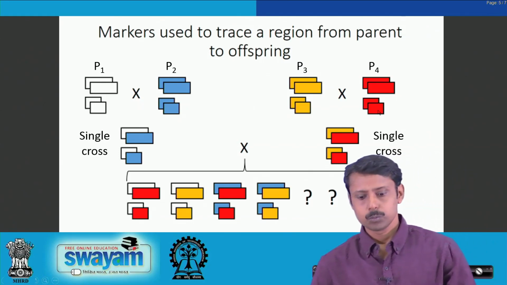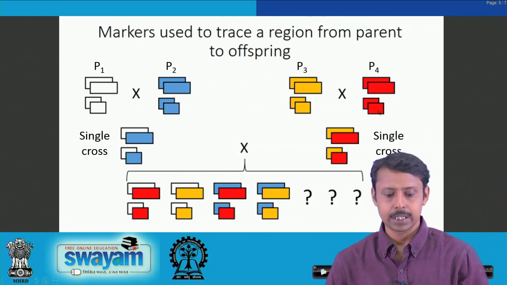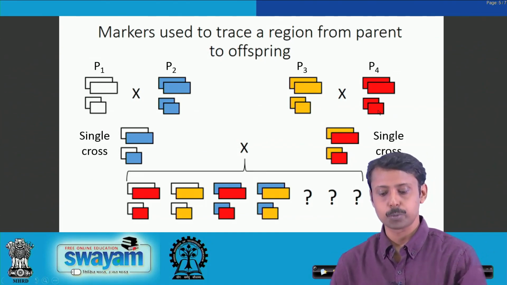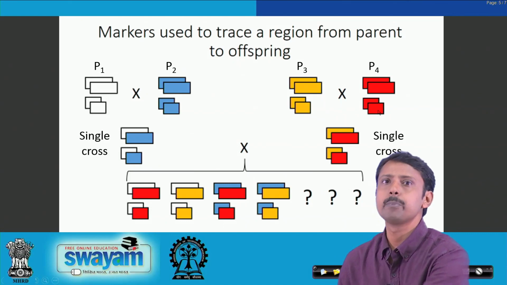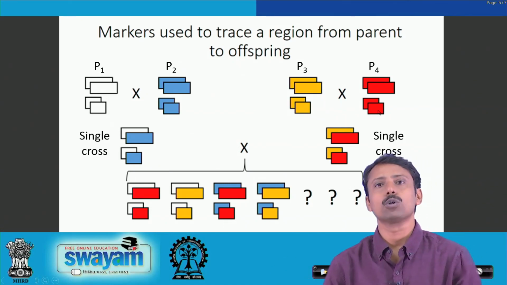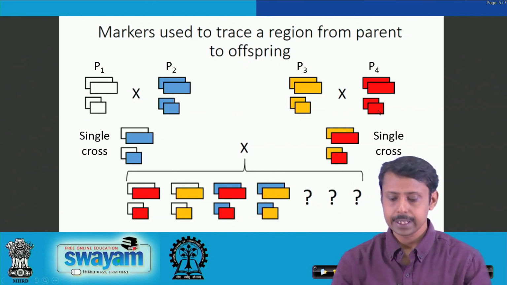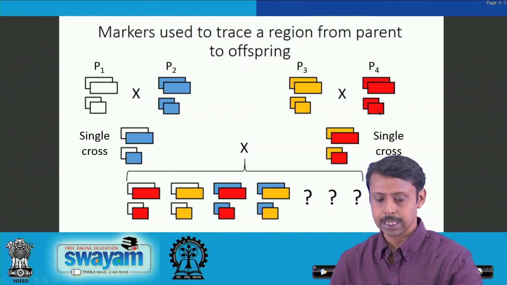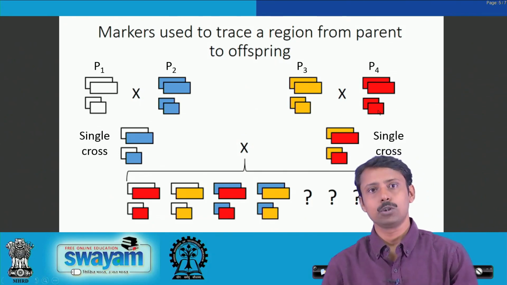Let us assume that two plants P1 and P2 have been crossed to make a single cross, whereas P3 and P4 have been crossed to get another single cross. Now, we are developing a double cross by crossing the left side single cross and the right side single cross.